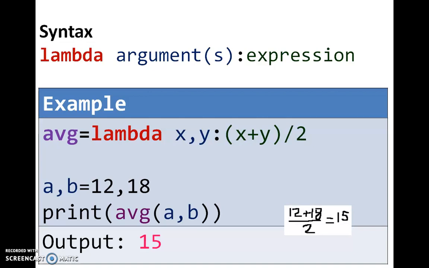So you can see the output, it is 15. The lambda function definition is in one line, so that is why it is called a lambda or anonymous function.